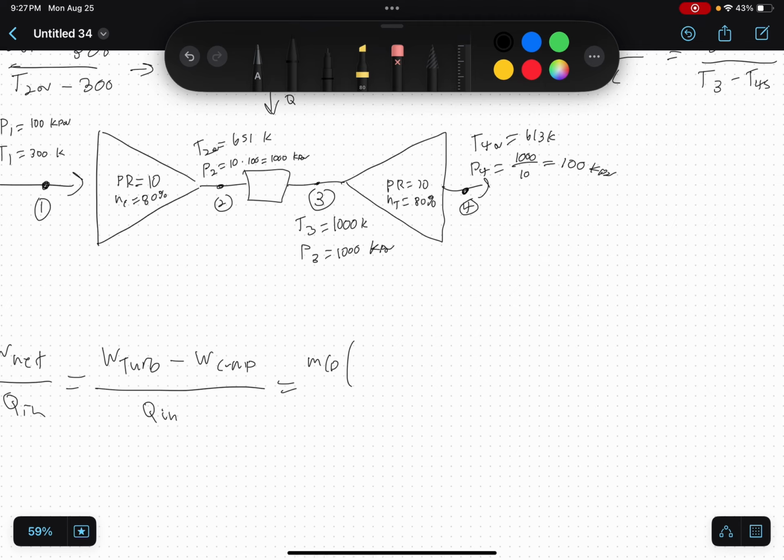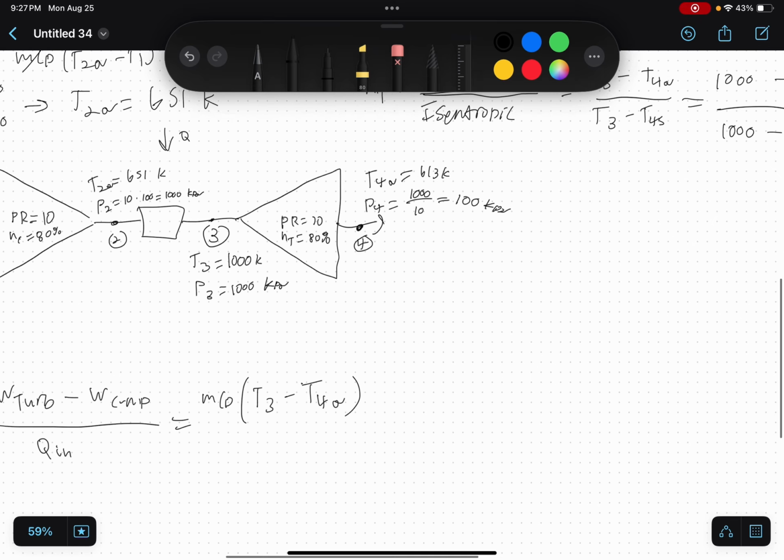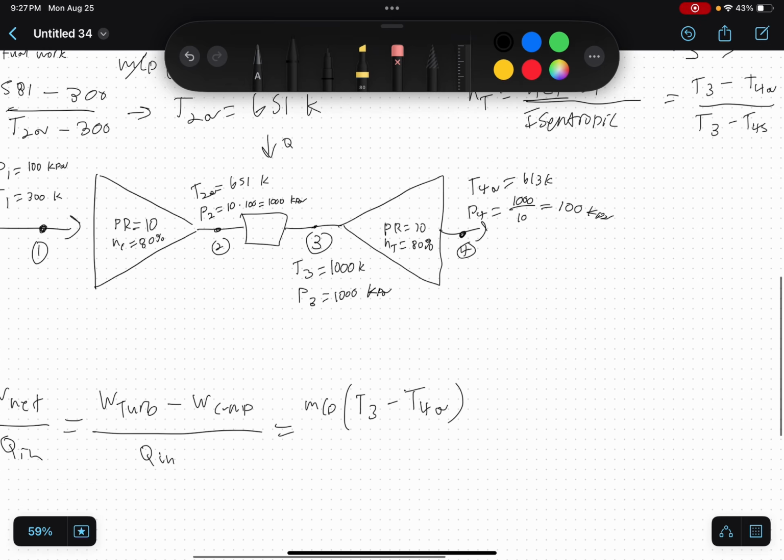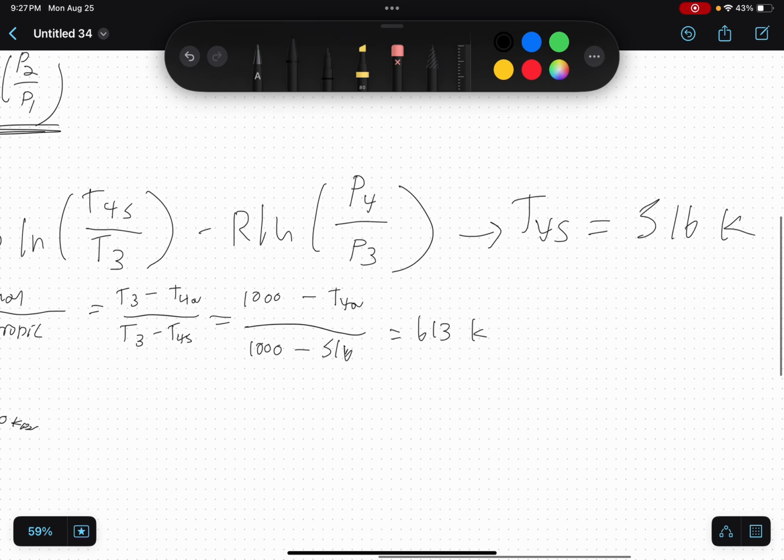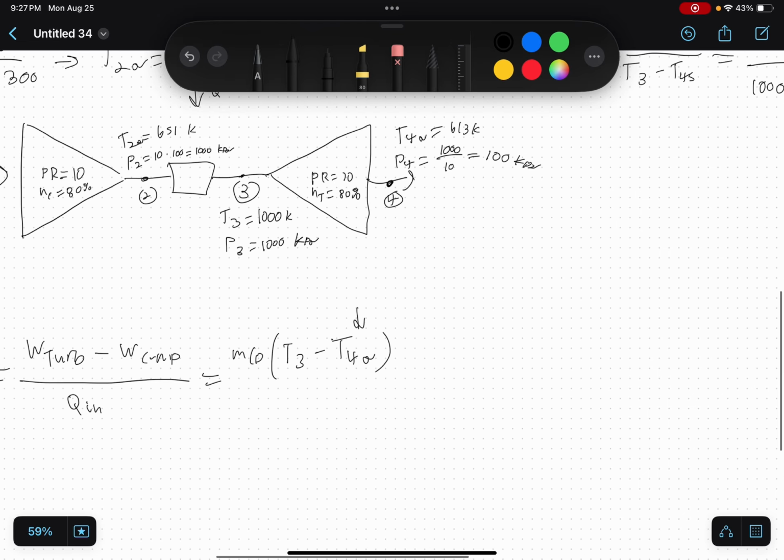Turbine would be T3 minus T4A. Yeah, that makes sense now, because if you're isentropic, T4A would be lower. It would be 500 instead of 600, which means W turbine is bigger.